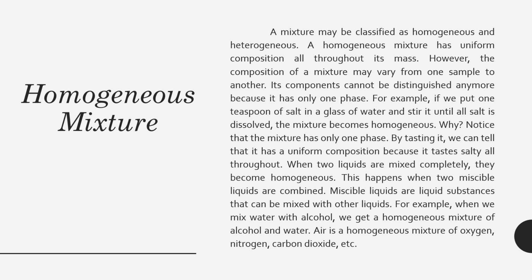Air is a homogeneous mixture of oxygen, nitrogen, carbon dioxide, etc. So that is a homogeneous mixture. So we can easily identify what is a homogeneous and what is a heterogeneous mixture.